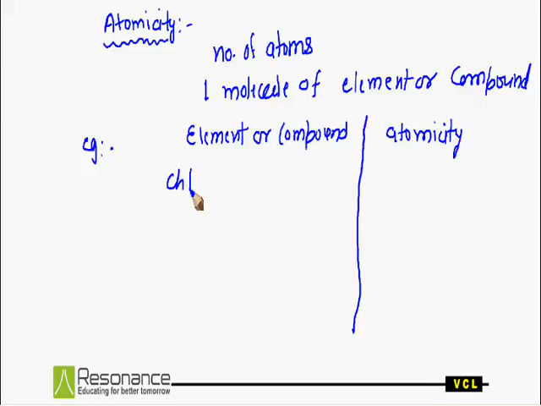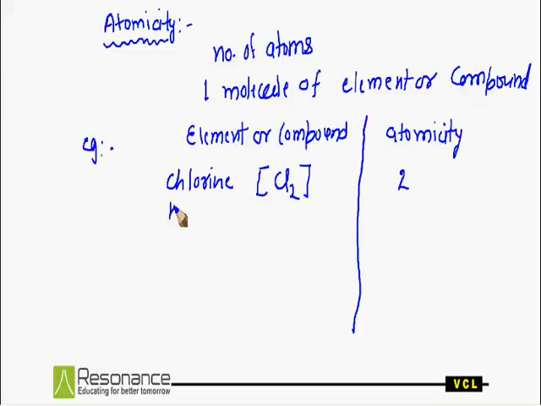First one is chlorine. As we know, the molecular formula of chlorine is Cl2. It means 2 atoms of chlorine are present in one molecule of chlorine. So we can write the atomicity of chlorine is 2.